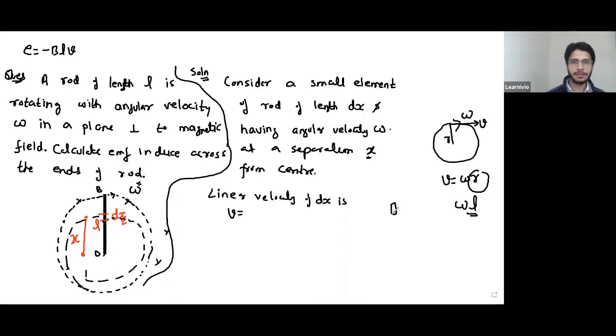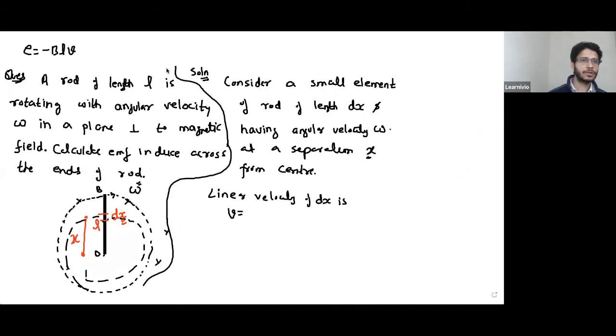If this is your dx element, and this is the center of the circle, it's revolving like this, then this is the radius. That radius is x. It won't be dx omega, it will be omega into x. So the linear velocity of this portion is omega x. That's the first equation.